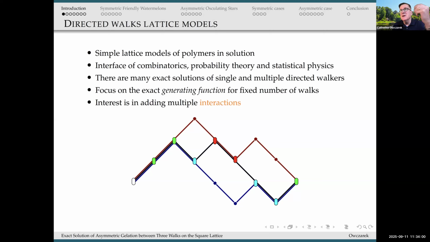And there's a way of looking at the exact solution of single and multiple directed walkers, and the focus from a combinatorial point of view is to work out the exact generating function for fixed numbers of walks, not an infinite number, a fixed number with certain sets of interactions. And over the years, myself and collaborators have looked at various different problems where we've tried to make the problem more complicated to see if we can still solve it and get some interesting physics out, as well as getting some interesting mathematics out.